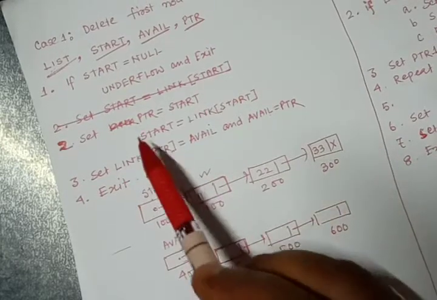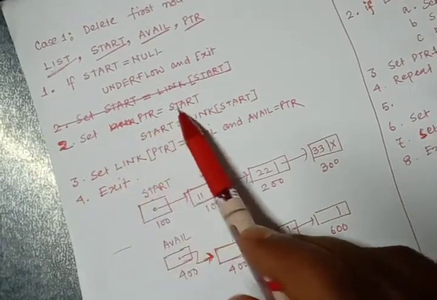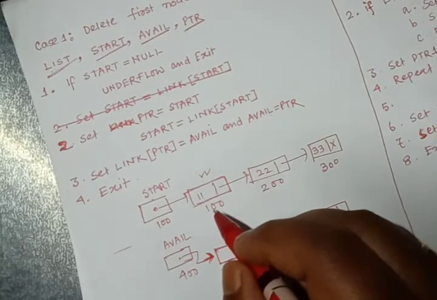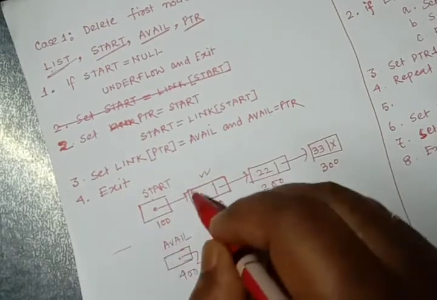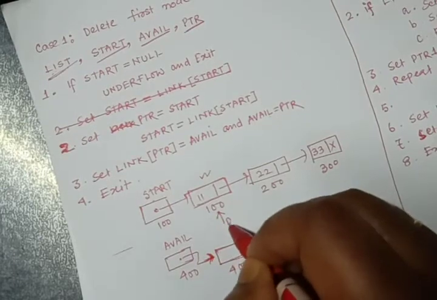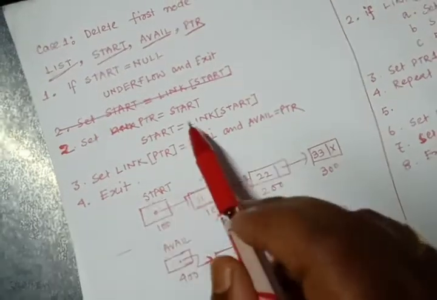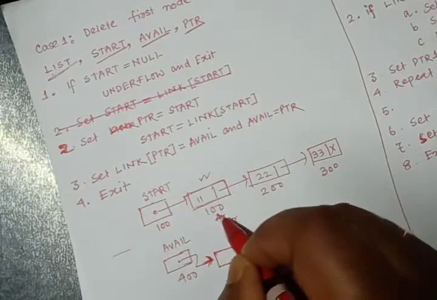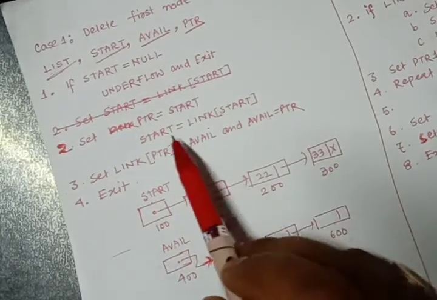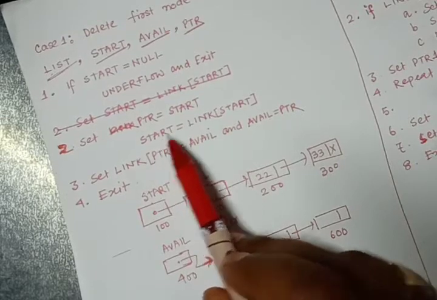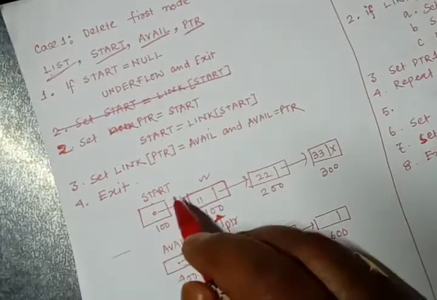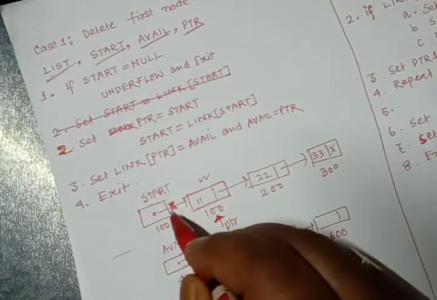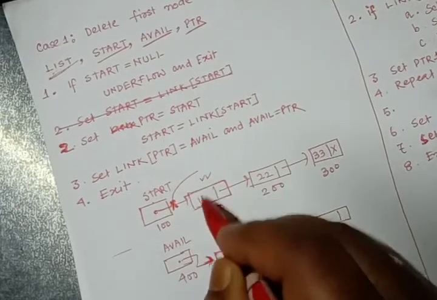Now you check, set ptr equal to start. So we have to set ptr with the starting address, ptr equal to start, and the value of start is what? The value of start is here 100, so ptr resides here. Then start equal to link of start, so we break the link here, now start will point to the link of start.